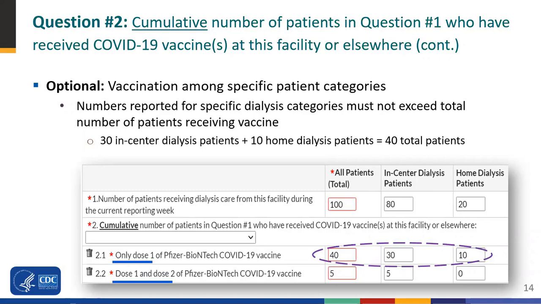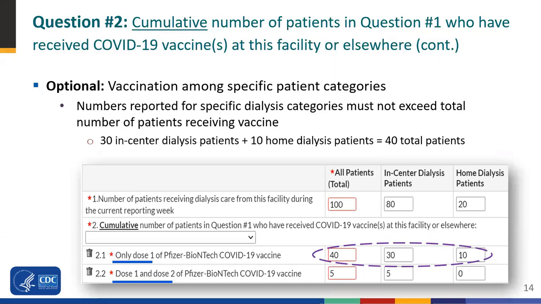Entering COVID-19 vaccination data on specific categories of in-center and home dialysis patients is optional. Just remember that if you enter vaccination data for any of the optional patient categories, the number of patients receiving vaccine in that category cannot exceed the total number of patients receiving vaccine.